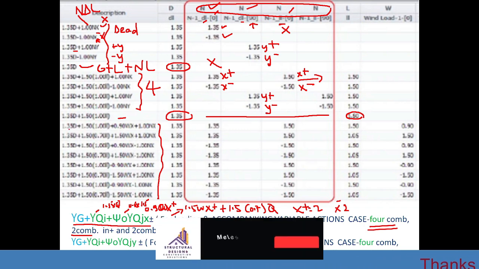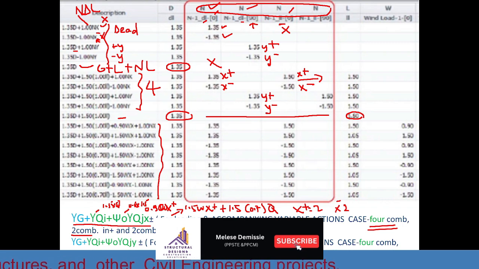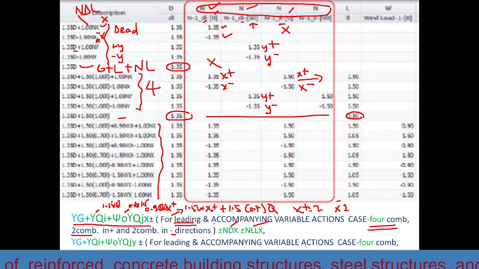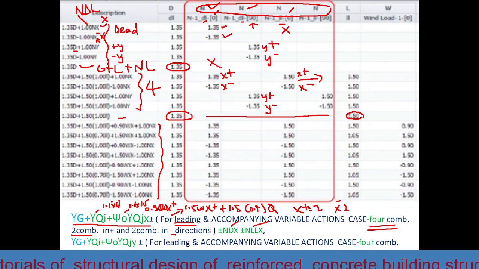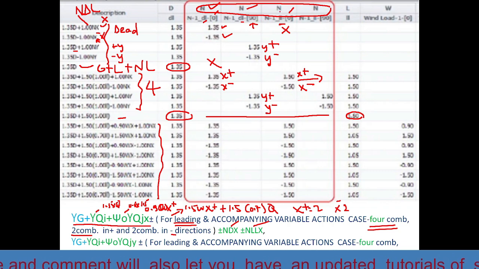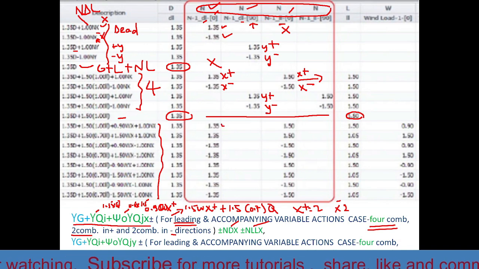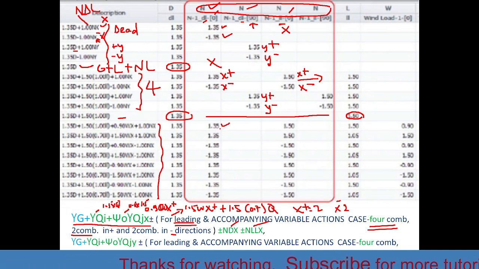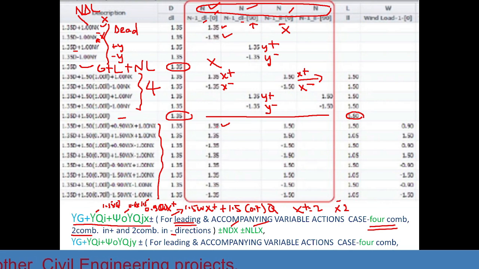So here we'll have two combinations for leading and two combinations for accompanying variable actions. Here the notional load combination factor is 1.35, that means 1.35 times the dead load in x positive direction.